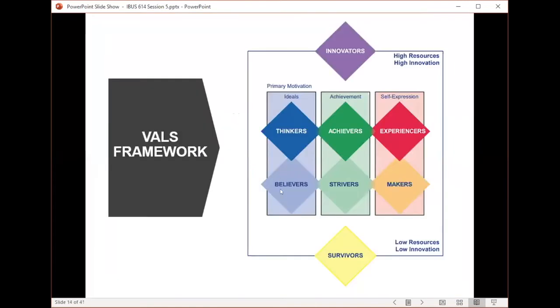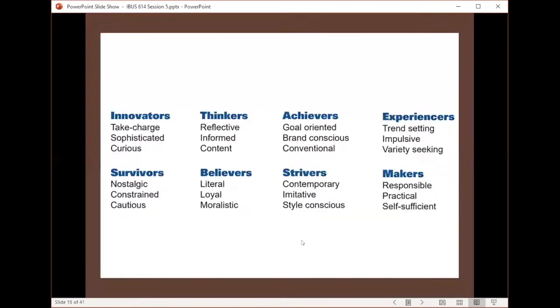Now we can talk about the believers, who are on the lower side of the ideal spectrum, where they are motivated by ideals, but then they have low resources and innovation. So in that case, they are literal people, loyal and moralistic, in the sense that they are fundamentally conservative because of the limited resources. They can't afford to spend as much as the innovators or the thinkers do, right?